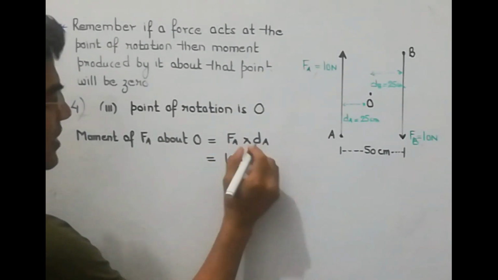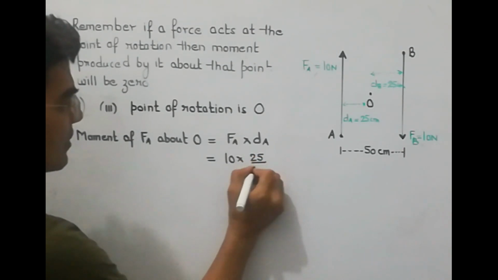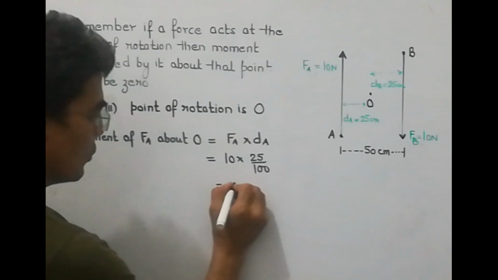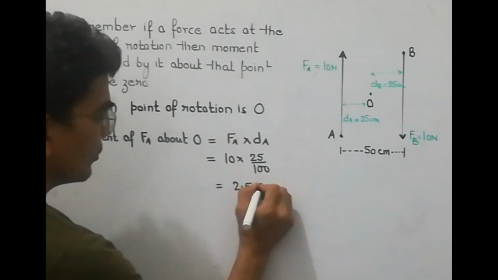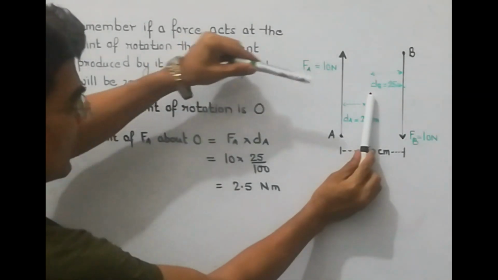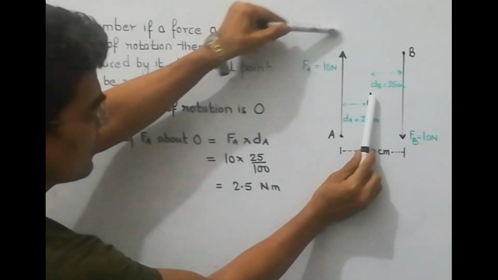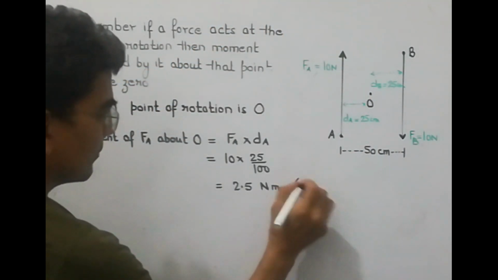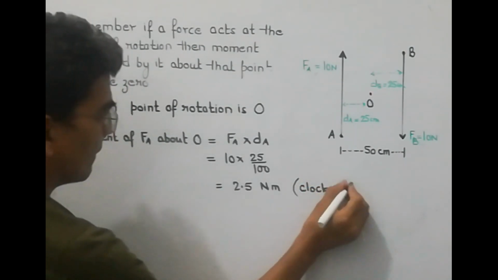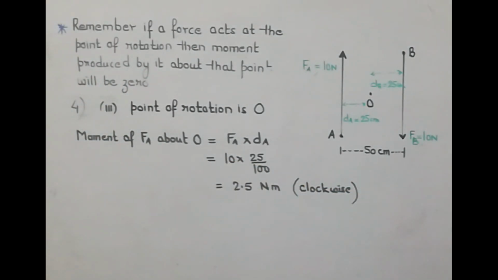And this distance dA is 25 centimeter. Converting it into meter, so we are getting 2.5 Newton meter. And now let us check the direction for A about O. This is point O and A is moving like this, so it is producing clockwise. So the moment produced by A about the point O will be 2.5.